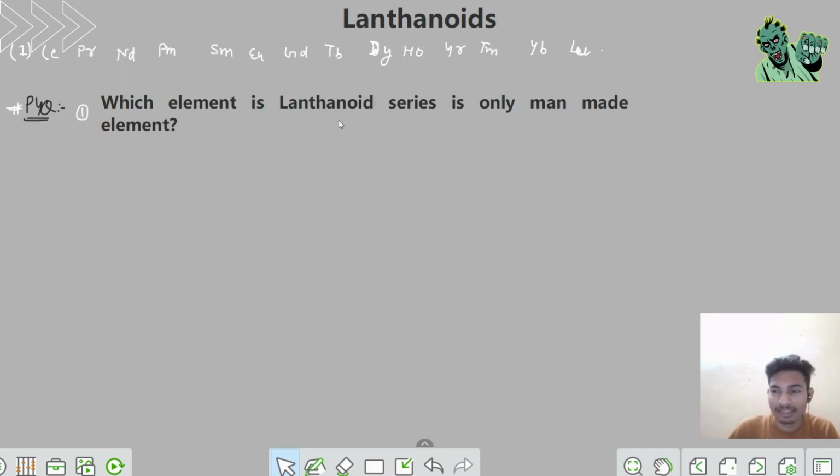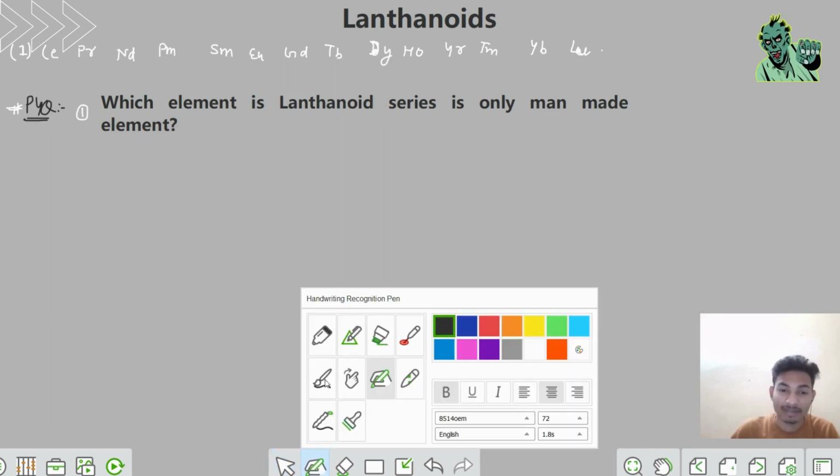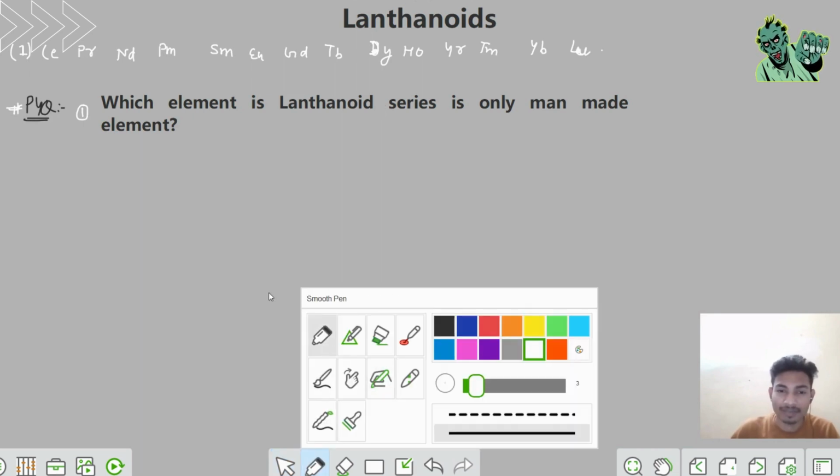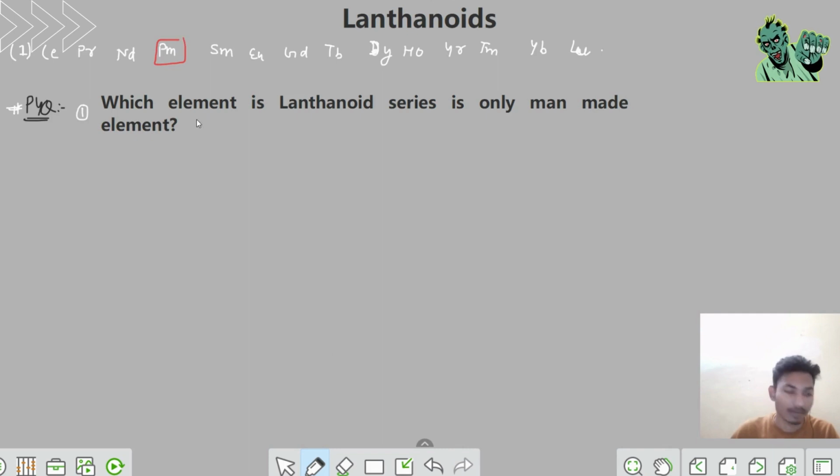That is what is called a synthetic element. So which one is the synthetic element here? That one is promethium, so the answer is Pm.